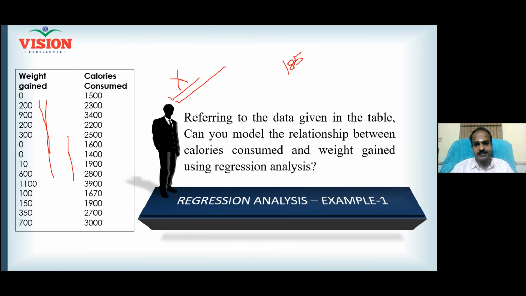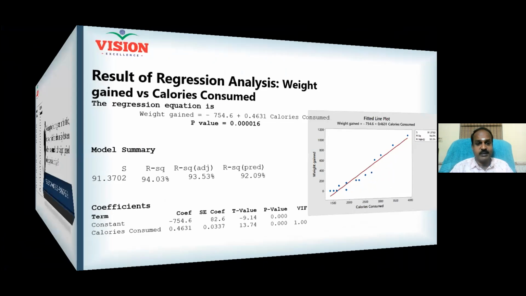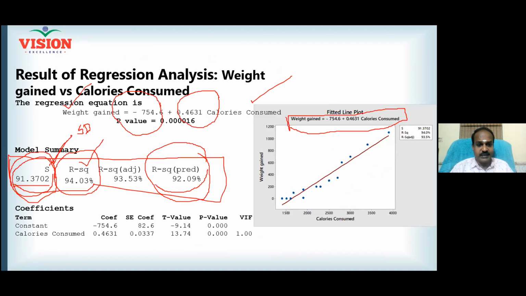So I want to understand, if this individual consumes 1,850 calories consistently for a week, how much weight gain will happen? Do I have to repeat the experiment for 1 week once again, or can I make use of the equation? I can make use of the equation. You know why? The predicted R square is really good.